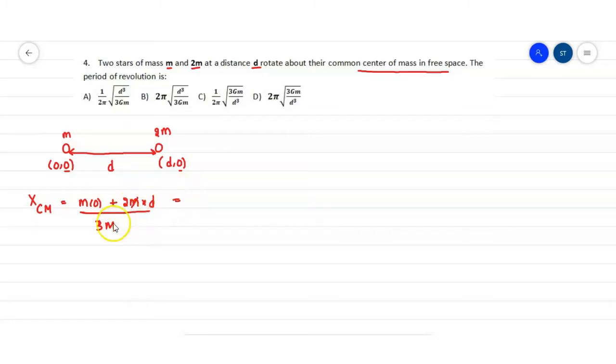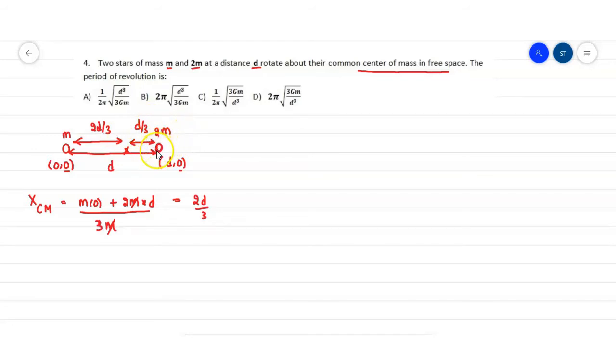So this m will get cancelled out, and this will be equal to 2d by 3. So the center of mass will be lying nearer to the 2m mass, at a distance of 2d by 3 from the origin. So this distance is 2d by 3, and this distance will become d by 3.